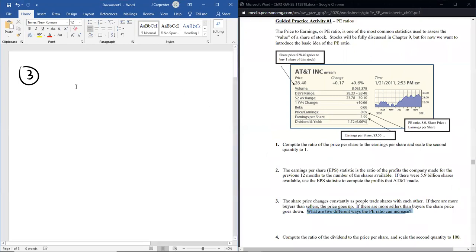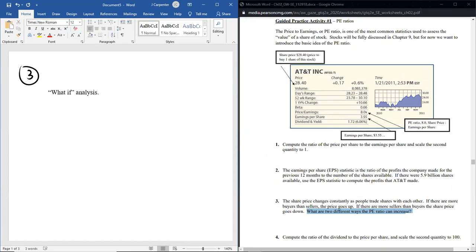So number 3. We are doing something known as what-if analysis. This is something I mentioned that Excel is amazing for because we can just quickly type a number and see what happens. We can type another number and see what happens, or we can create an entire table of numbers and see what happens, kind of like that BMI table. Hey, if you're this weight and this height, what's your BMI?